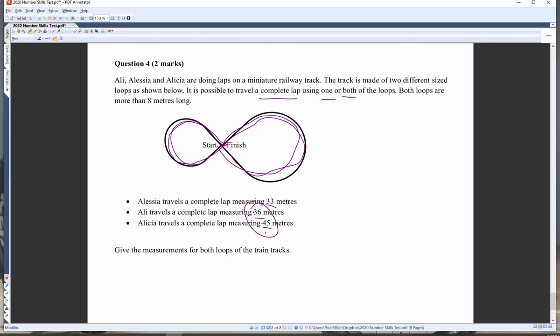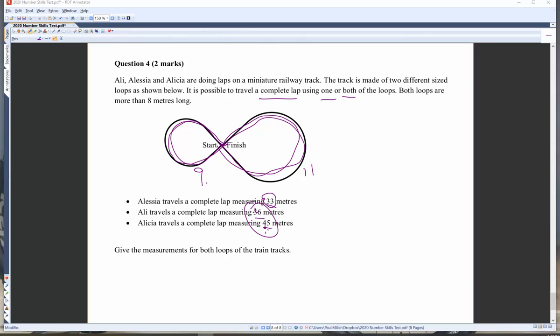Now looking at that, 9 goes into both of those. So let's say that this track here could be 9. Now, Alessia on 33 means that this track here could be 11. So let's see, is it possible to travel a complete lap using one or both of the loops?